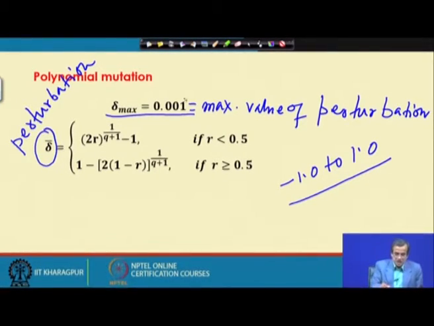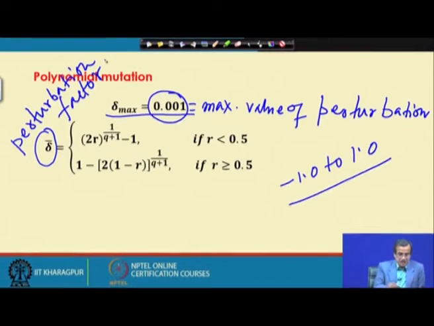Of course, this numerical value depends on the range of this particular variable. Supposing that for this particular problem I have decided delta max will be 0.001, then how to determine the perturbation factor and how to proceed with determining the mutated solution.